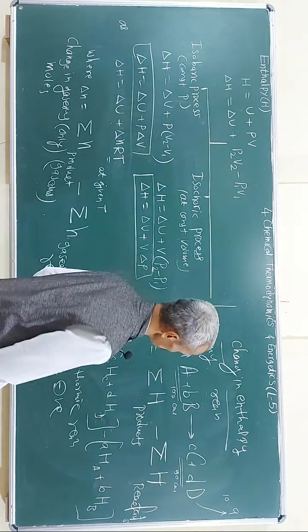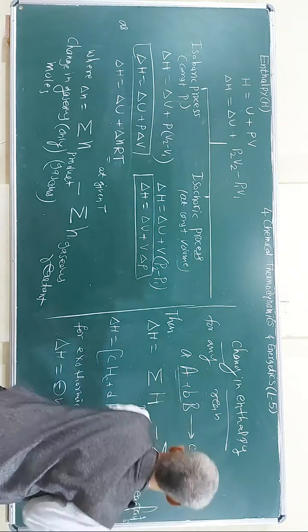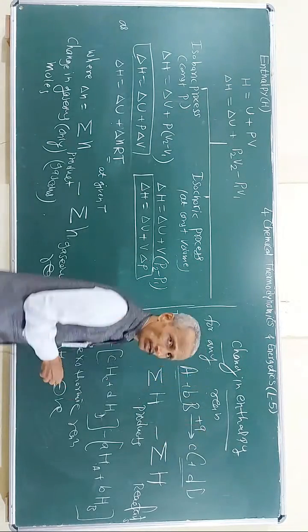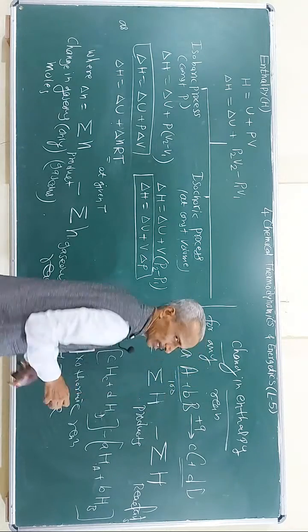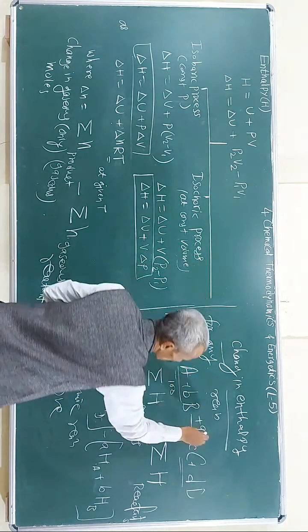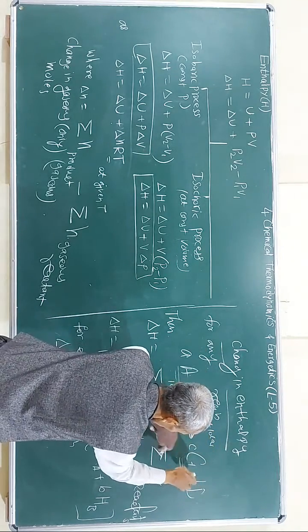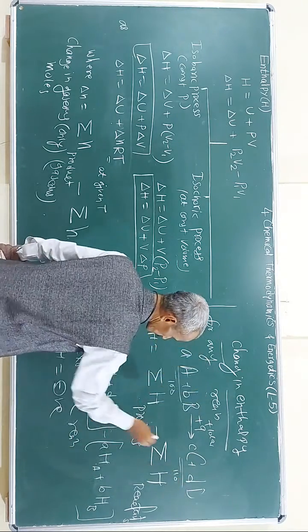And if, however, you consider this simple example, if the reaction is endothermic, some heat is added. Suppose the reactants have 100 calories of heat and 10 calories of heat is added, then it is stored in the product. So it becomes 110.